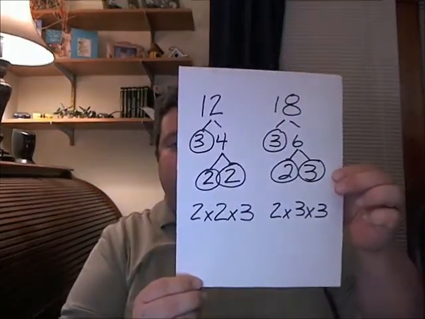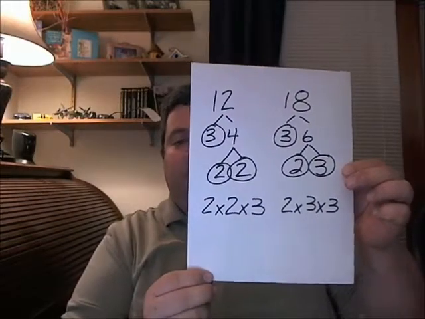And for my 18, I see I have a 2, but 2 3's. So again, in order, I'm going to start with my 2 and go 2 times 3 times 3, which will end up giving you a problem like this. Pause if you need to.